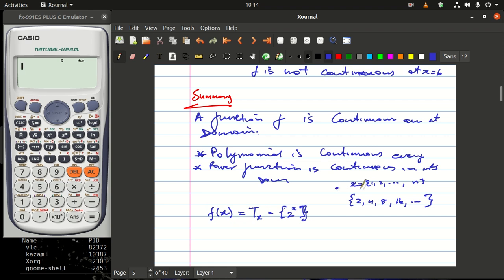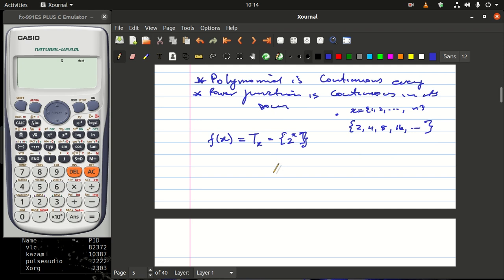So this function is discontinuous everywhere, because we don't have a limit going on the left and on the right of that particular point. So we are only talking about functions that have a domain that does not consist of single points, just intervals. All these functions can be continuous in their domain as long as we don't have isolated points.